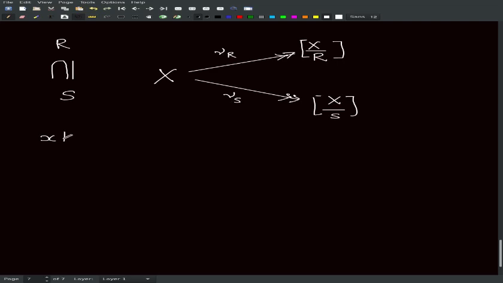Suppose x and x prime are related by R. So this means I have x prime related by S also. So in other words, that is x by R, if you look into this, this thing gets to be, so what do you expect between x by R and x by S?